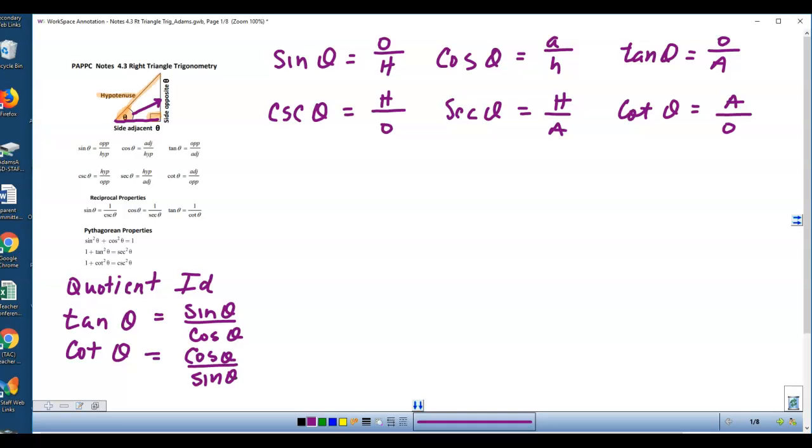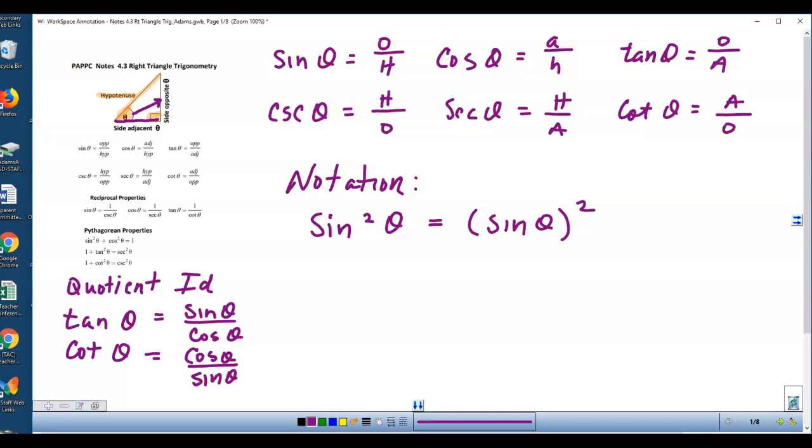The other thing I want to touch base with before we start is some notation that you need to understand. When I see sine squared theta, notice that little power 2 is not on the theta, it's between the sine and the theta. That's the same thing as saying sine of theta all to the power 2.